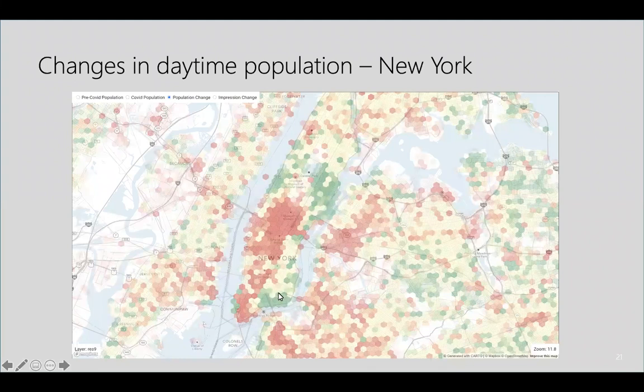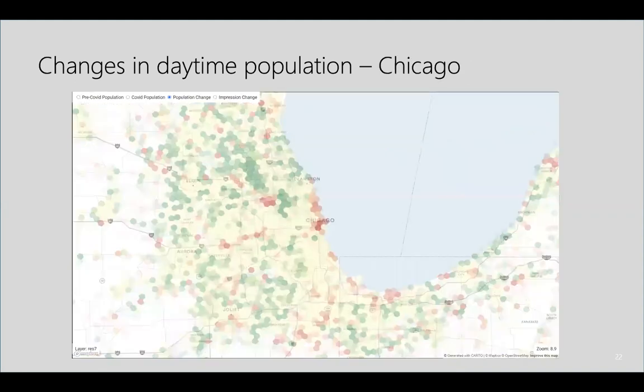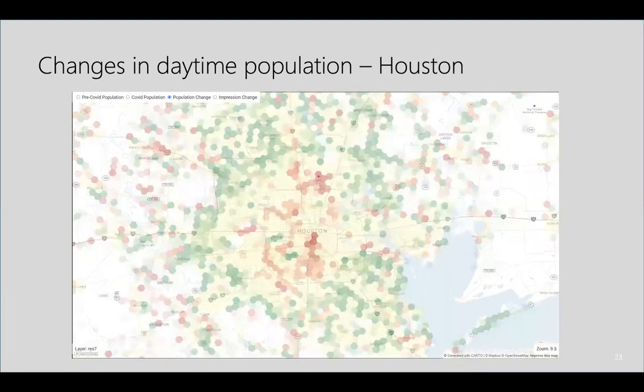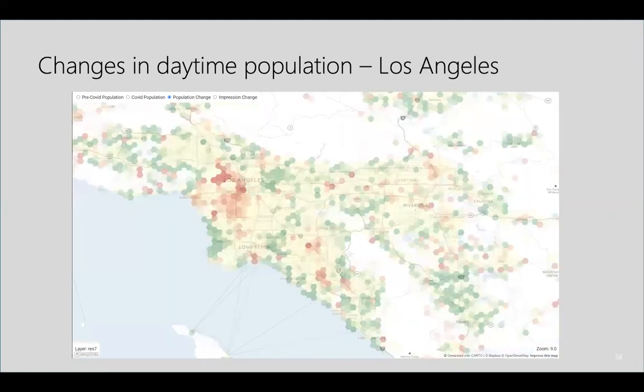Actually, probably more people are there than normal because they're at home. And so this is something that we're seeing across the country in all different types of markets. Chicago, similar. Houston, sort of this reduction in activity in the city center, but increases in the periphery.